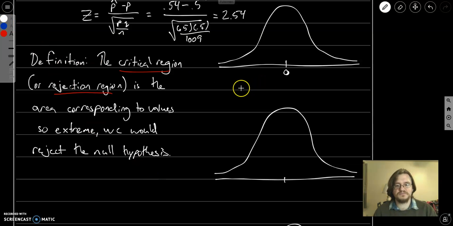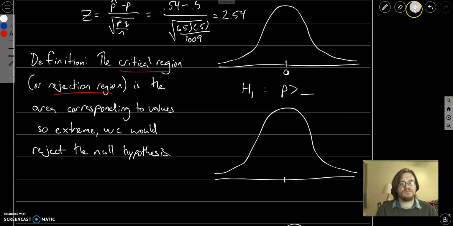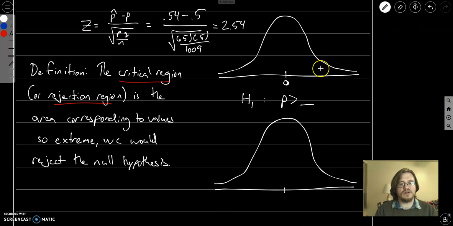So for instance, if our alternative hypothesis was that proportions were greater than some value, our rejection region would be to the right, meaning that when we look at our null hypothesis, it is always going to be p equal to something.